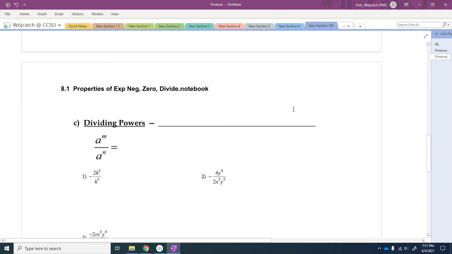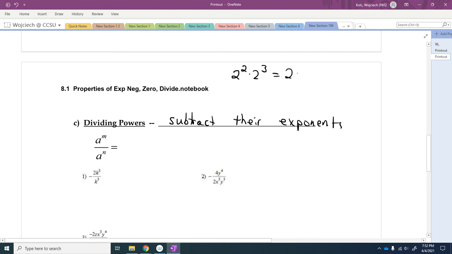So the second part of the lesson, or third part, is dividing powers. Okay, when we divide, we actually subtract. If you recall the other example, when we did 2 squared times 2 cubed, multiplying, we are adding, dividing, we are subtracting.